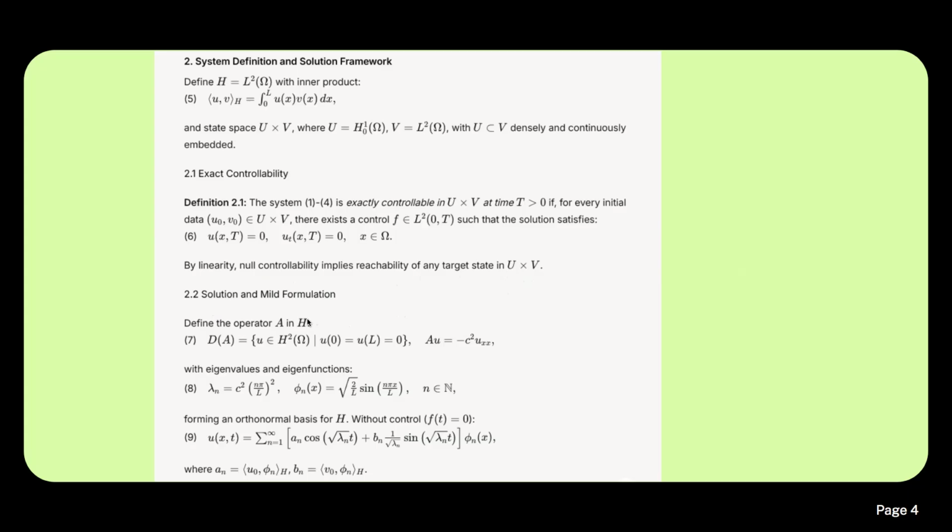Okay. Then from now we define some solution and method for solution: the solution and the mild solution.